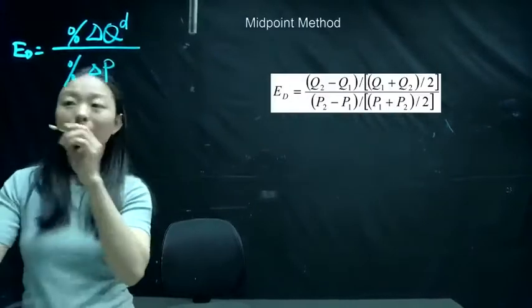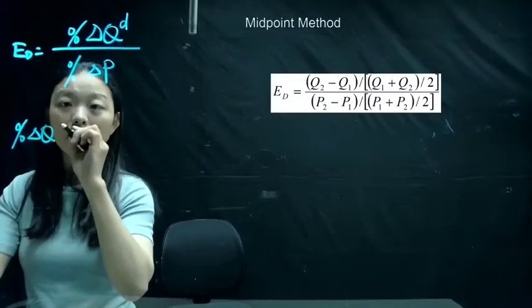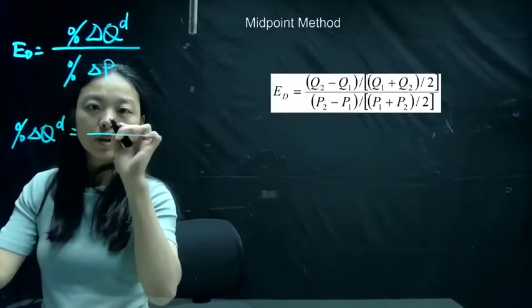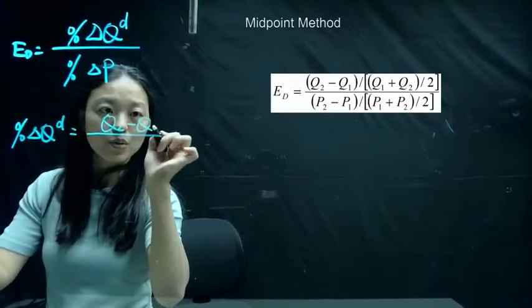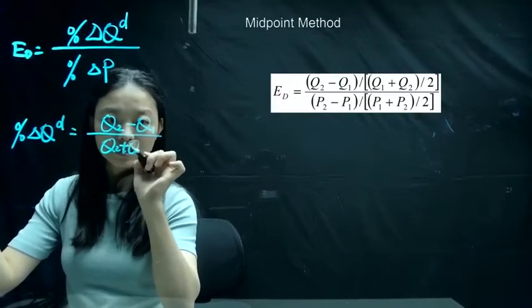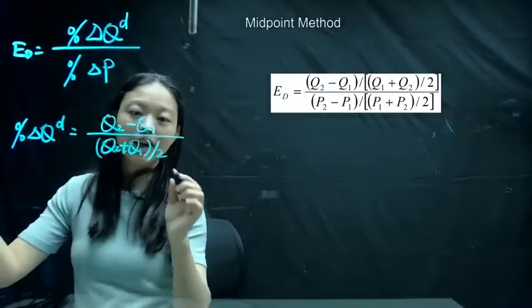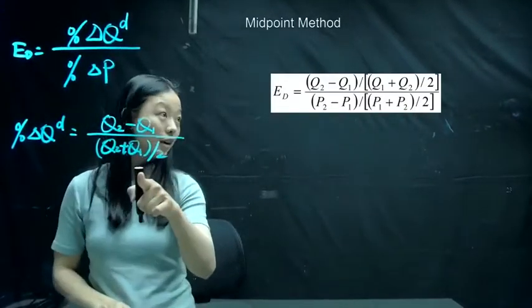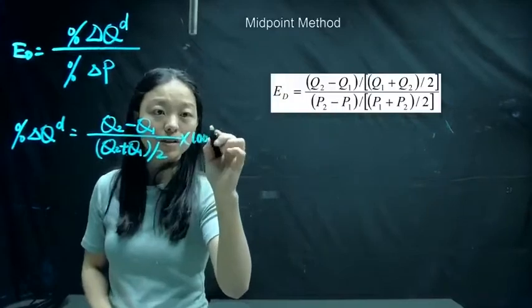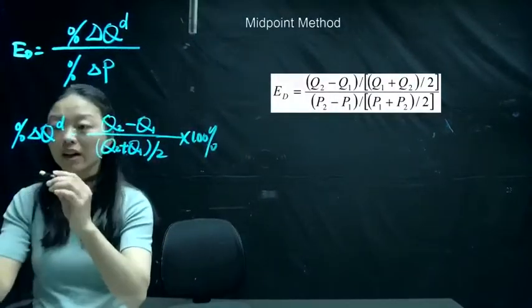And in the midpoint method, the percentage change in quantity demanded will equal Q2 minus Q1 divided by the average of the quantity, times 100%.